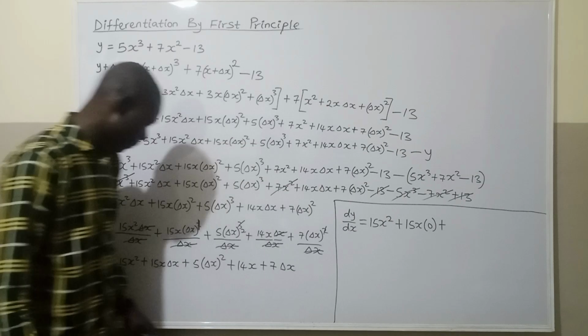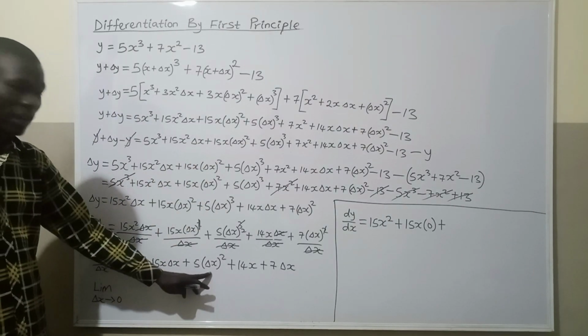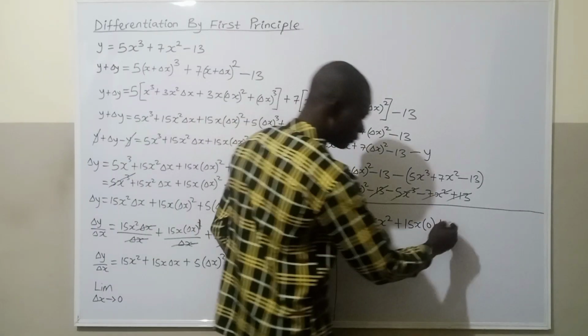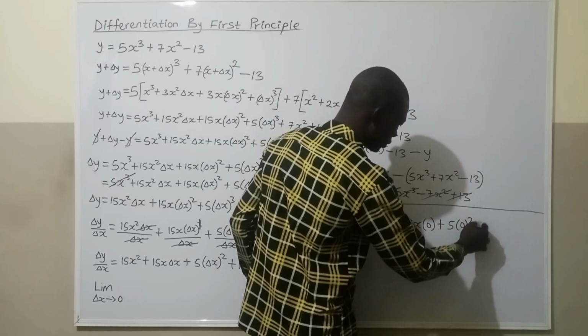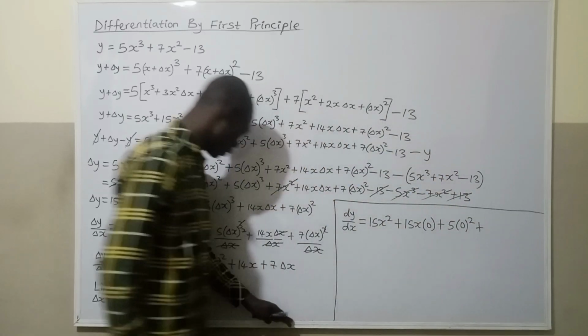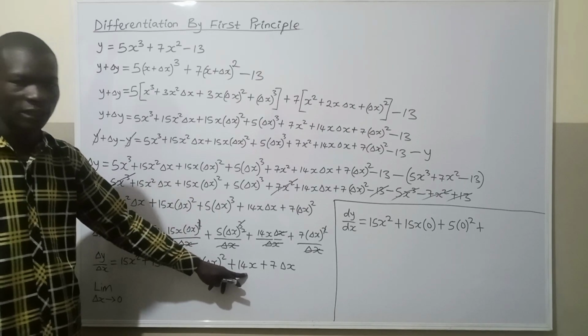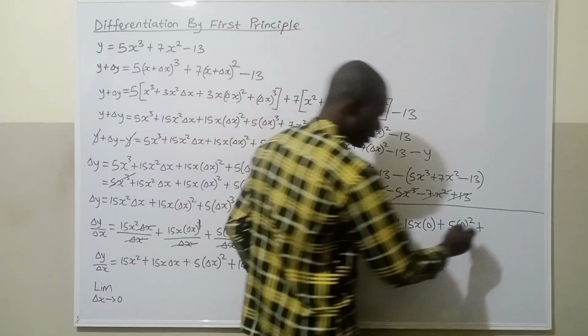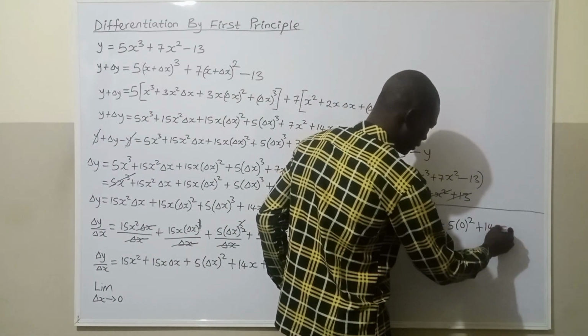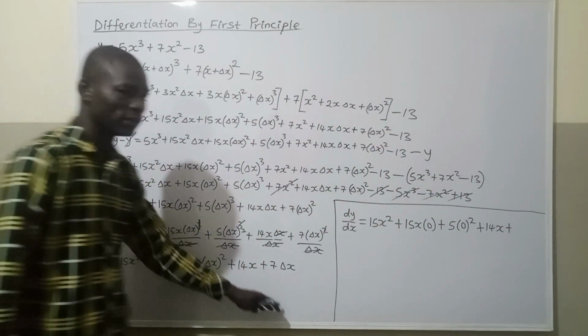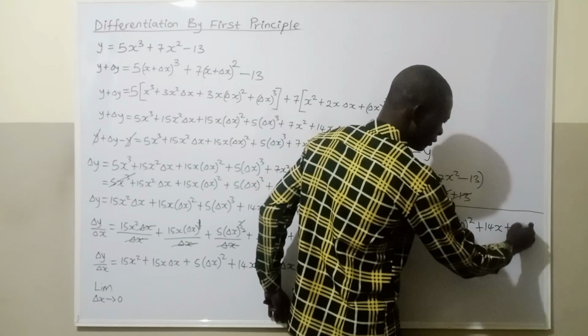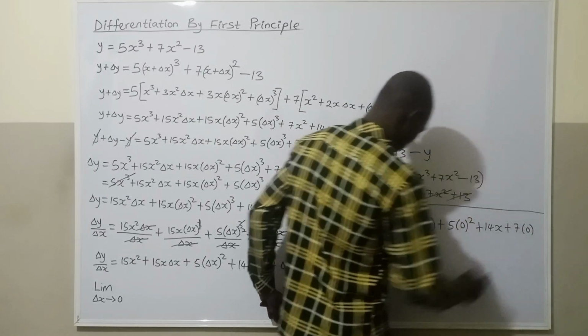Plus the next one, 5 delta x squared, that's 5 multiplying 0 squared, as we have it. Plus the next one, 14x, that one is not carrying delta x, so that's going to be plus 14x directly. And finally, plus 7 delta x, so that's going to be 7 multiplying 0.